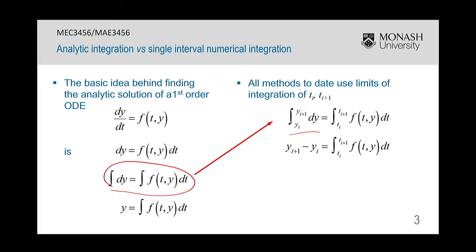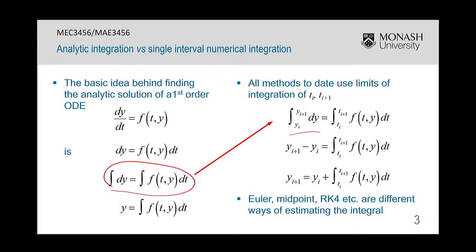The left-hand side integral is obviously integrated directly, and that just gives us y_{i+1} minus y_i, and we shift the y_i to the right-hand side to give us that y_{i+1} is equal to y_i plus an integral of f integrated from t_i to t_{i+1}. Euler, midpoint, RK4, etc. are just different ways of estimating that integral on the right-hand side.